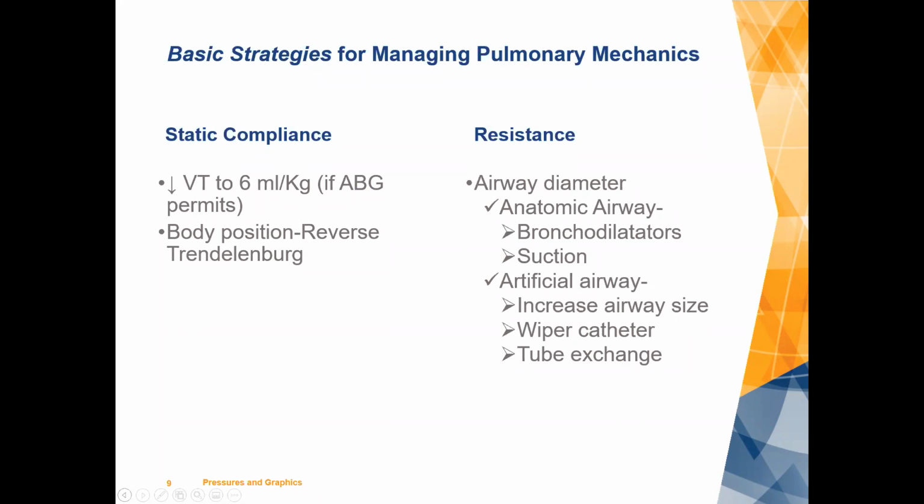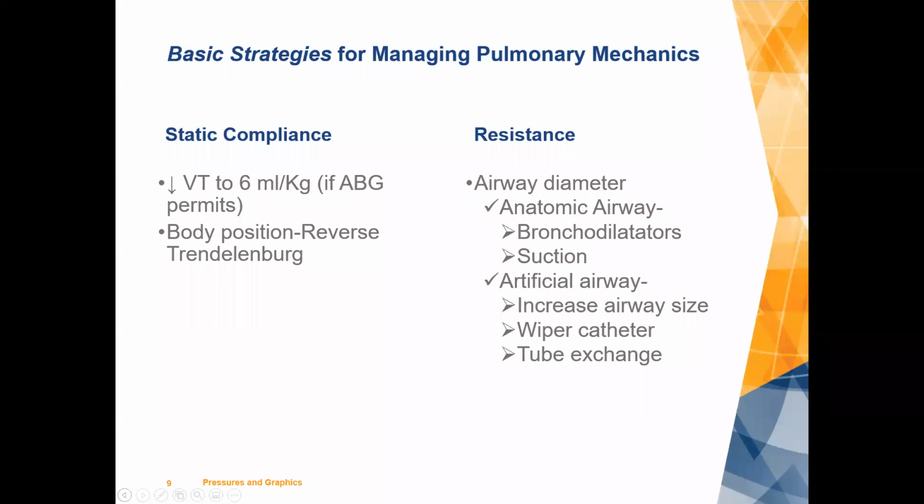For someone such as myself, my predicted or ideal body weight is between 75 and 80 kgs. I'm a little bit heavier than that actually, but let's make the calculation easy and say my predicted body weight is about 80 kilograms.